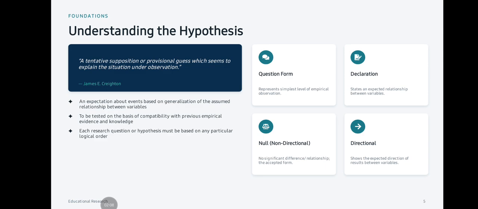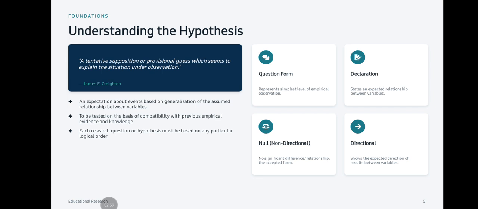So, understanding the hypothesis, that is foundations, a tentative supposition or provisional guess which seems to explain the situation under observations given by James, an expectation about event based on generalization of the assumed relationship between variables to be tested on the basis of compatibility with previous empirical evidence and knowledge.